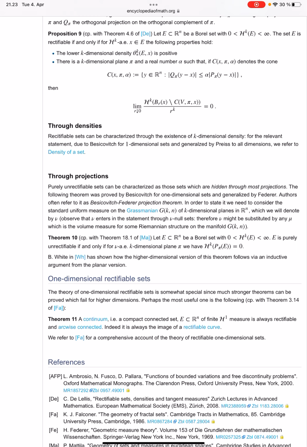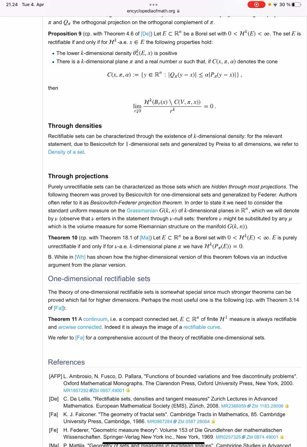So here it says image of a rectifiable curve, but this rectifiability per definition is different. But I'm telling you that this is equivalent to saying that it's the image of a Lipschitz curve, which means that in dimension 1, you don't need extra structure, just finite H1 measure implies that your set is, plus of course the topological assumptions that it's compact and connected, that the set is actually image of one Lipschitz curve.